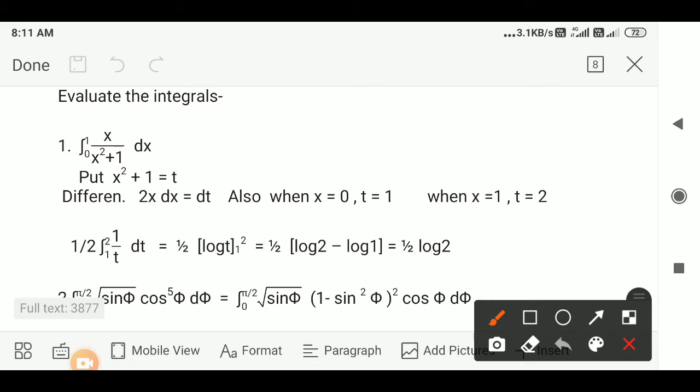You put x square plus 1 as t. So differentiating we get 2x dx is equal to dt. When we put x is equal to 0, the lower limit is 0, so I put x is equal to 0 in this t, so t will be 1, and when x is equal to 1, t will be 2.